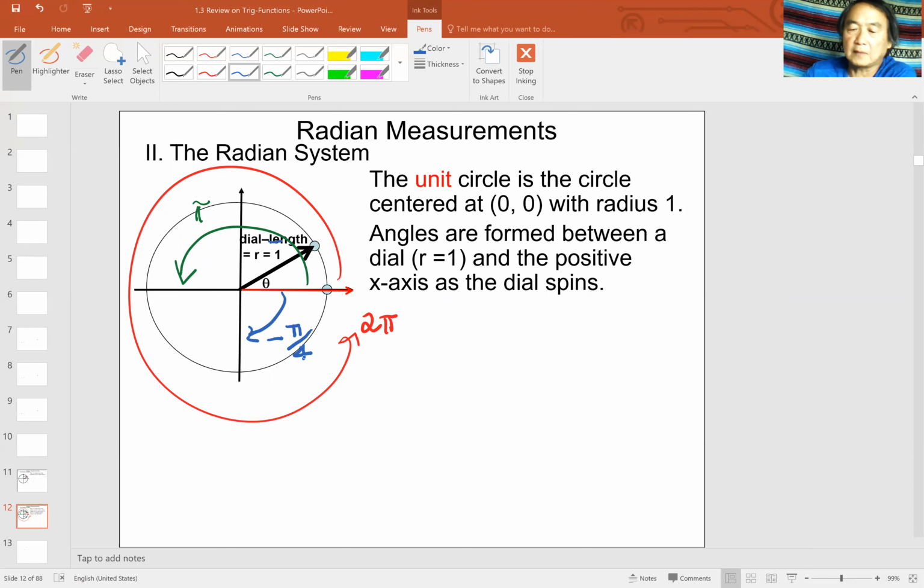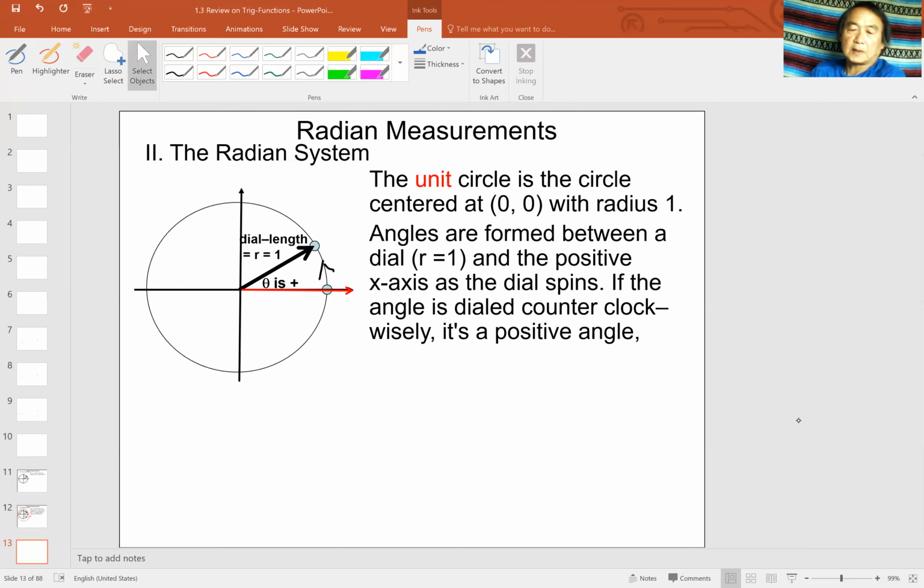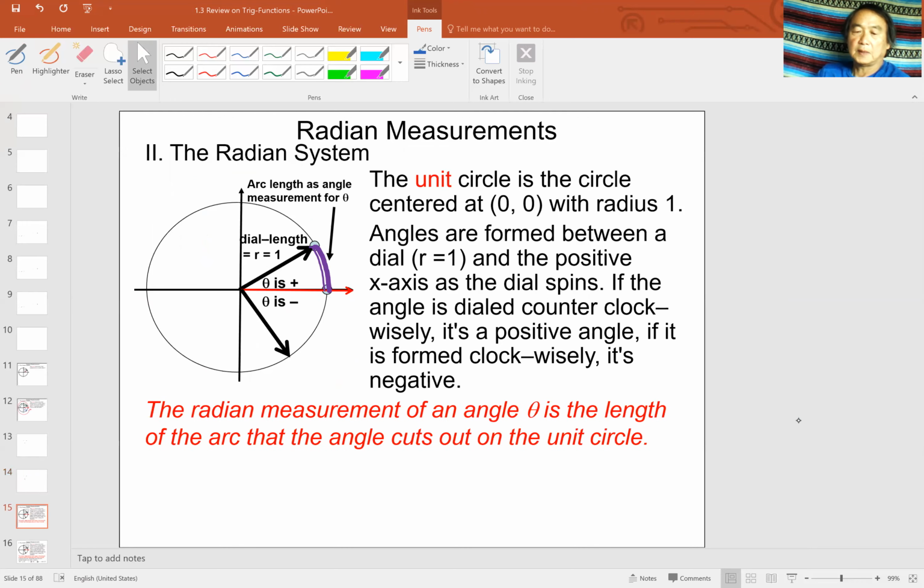So it's minus pi. Positive, negative. And then the radian measurement uses the arc length that theta cuts out of the unit circle. Use that length as the measurement.